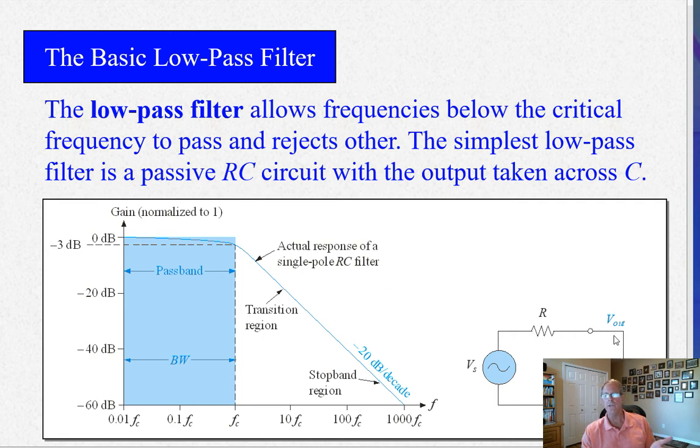I mean, there's only a certain amount of current that this circuit's going to be able to produce at Vout. Because as soon as you start pulling more current, what happens? You get voltage drop across this resistor, and your signal, even in the pass band, is going to come down. So this is going to come down if you load this circuit. So that's a problem, right?